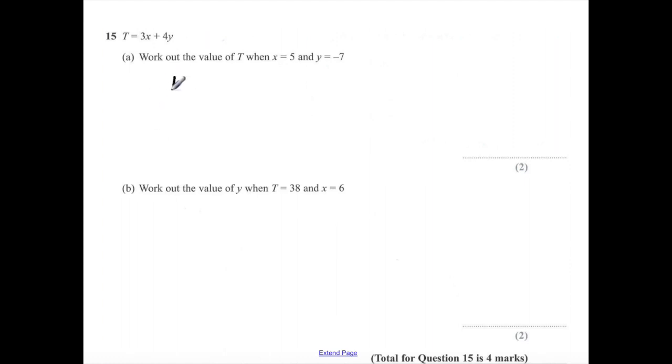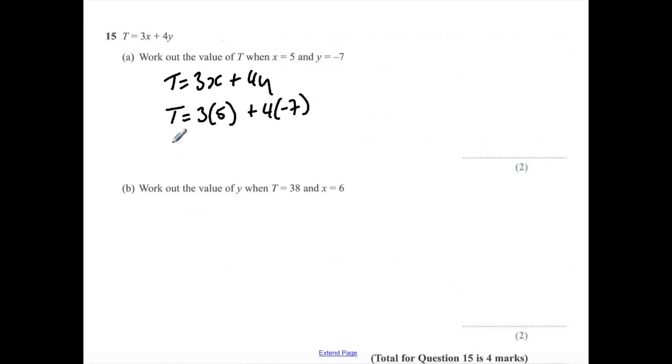So we have t is equal to 3x plus 4y. Now when x is equal to 5, I'm going to plug it back into this equation. And when y equals minus 7, plug it back into the equation. So we should have t is equal to 3(5) plus 4(minus 7).